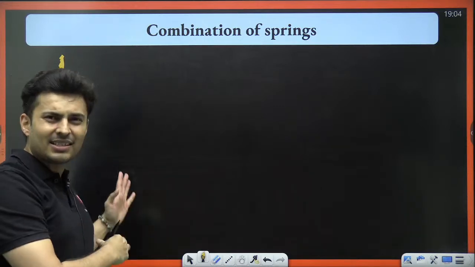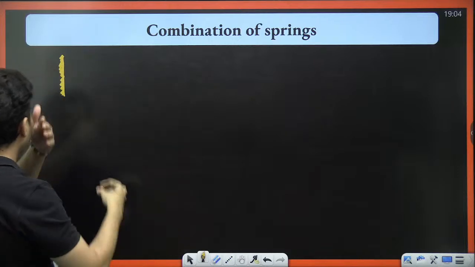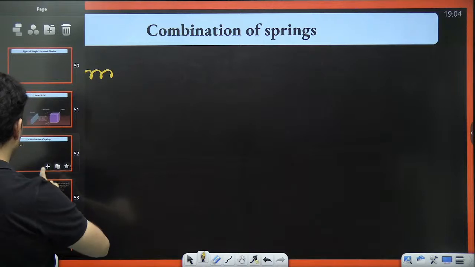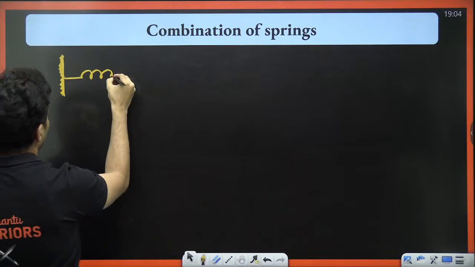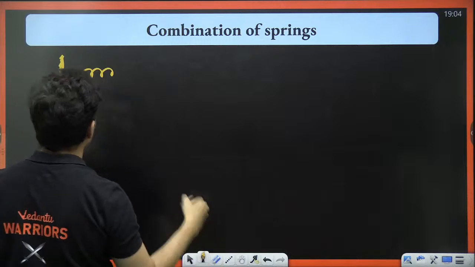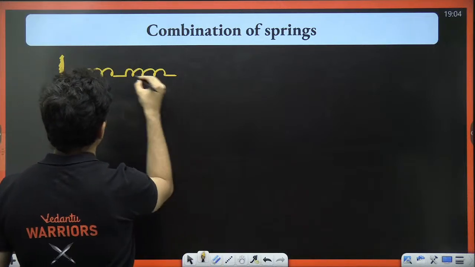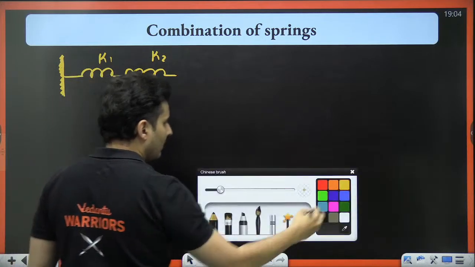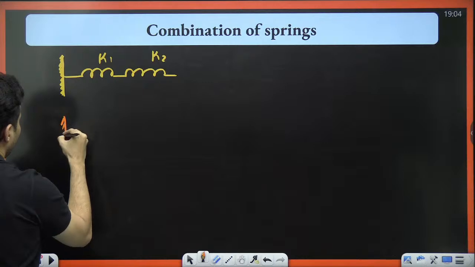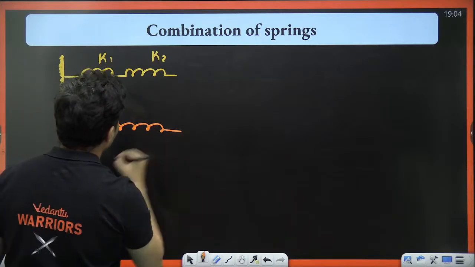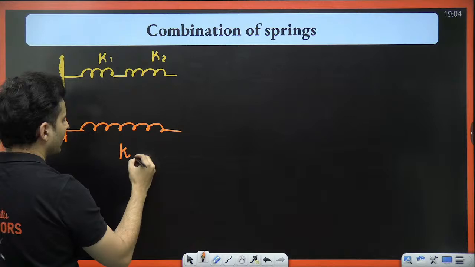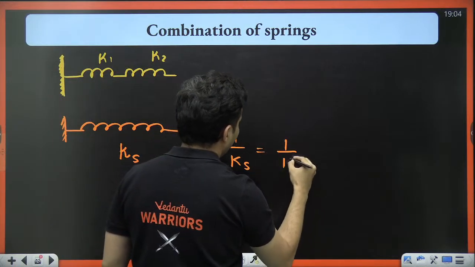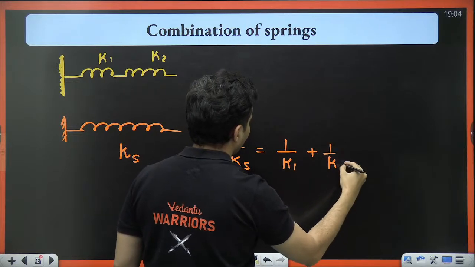So here, combination of springs. This is prior knowledge required before we go ahead. Springs in series, K1, K2. When they are in series, I can convert them into one single spring, Ks, where 1 by Ks is 1 by K1 plus 1 by K2.